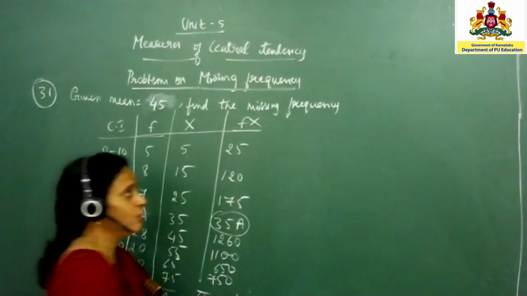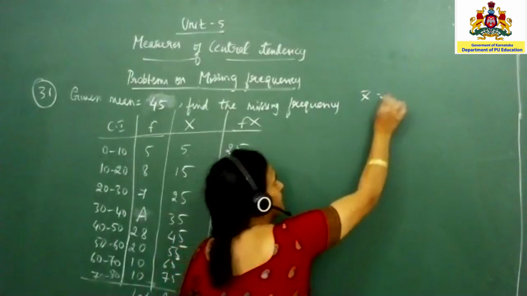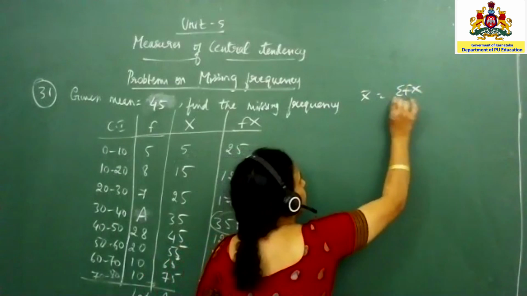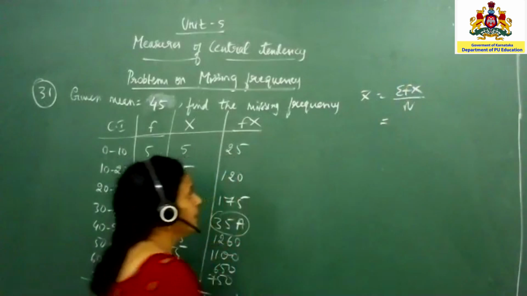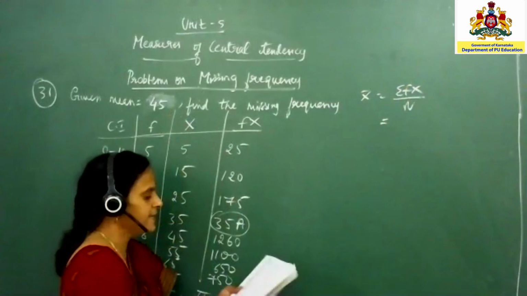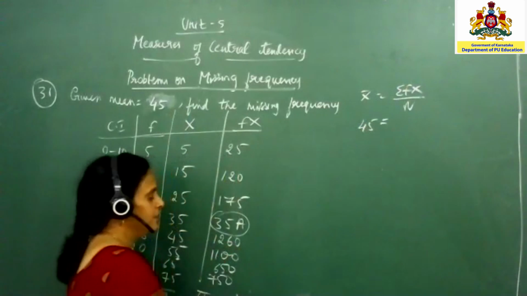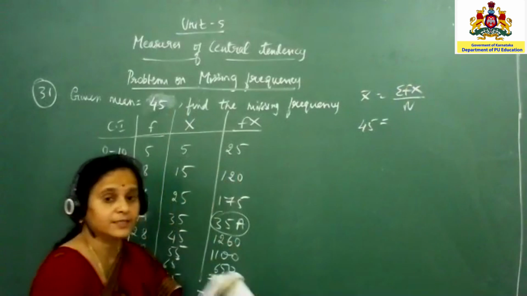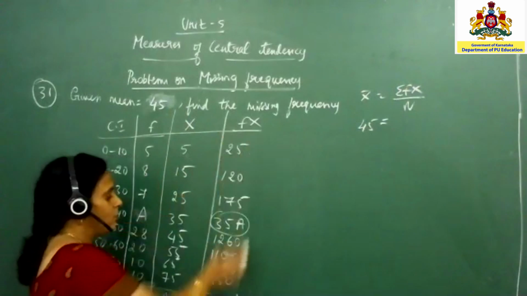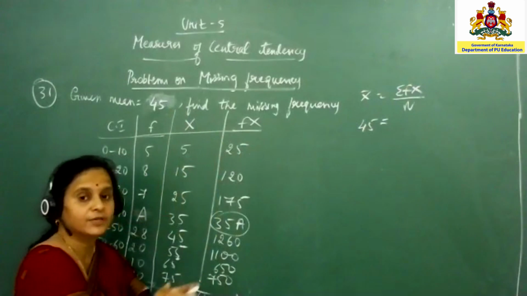Next I should use the formula. So x bar is given by summation fx by n. And your n is given as 45 for the given relation. So summation fx, I should get the summation fx. Means the last column addition, fx column.